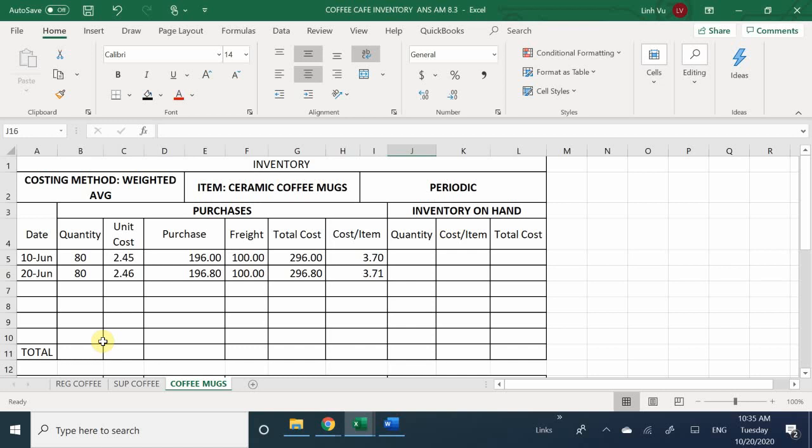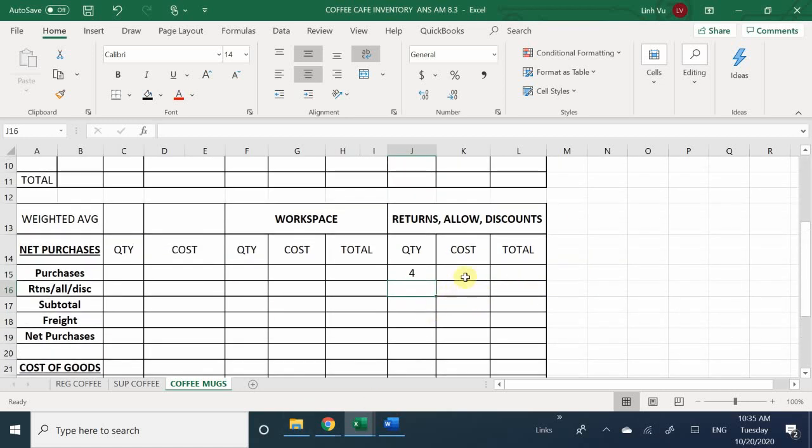From the last one, it's 246 per unit. Good. Why don't we include the freight? You're correct with the 246, because the freight is not refundable. Yes.